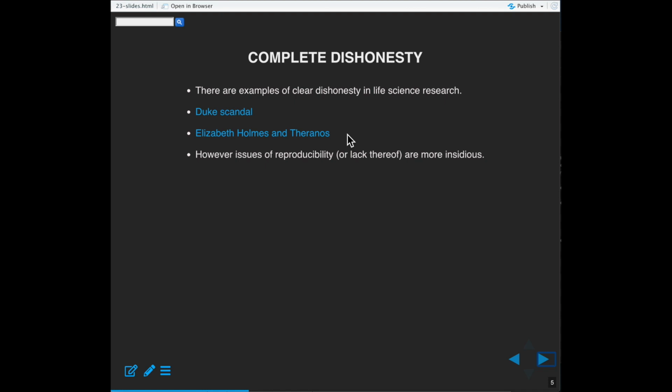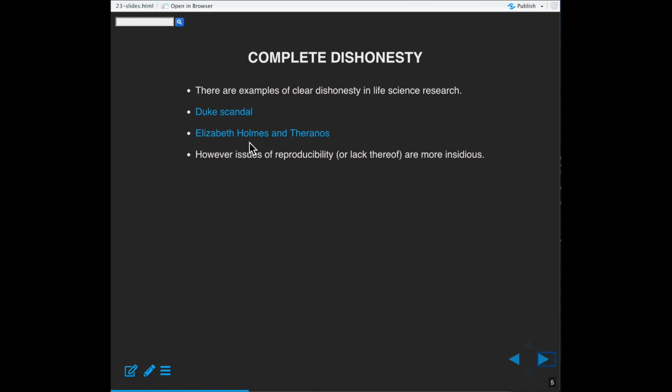Now, there are examples, that's for sure. In the reading, I gave you two. One is the Duke scandal from Duke University back in the early 2000s, and the second is around the company Theranos. And there's an excellent book, and there's a movie on Netflix about Elizabeth Holmes, and I highly recommend it.